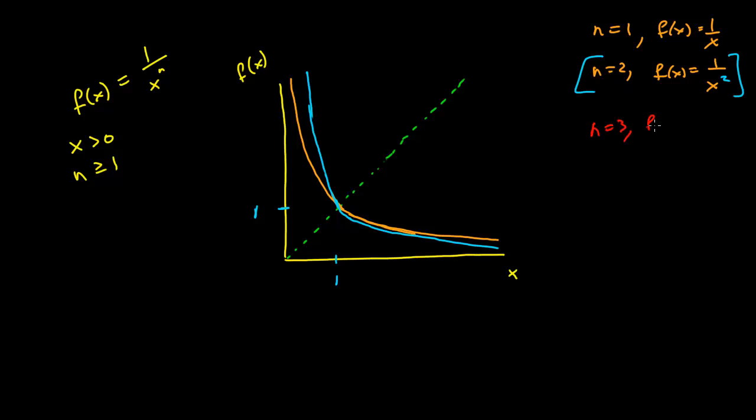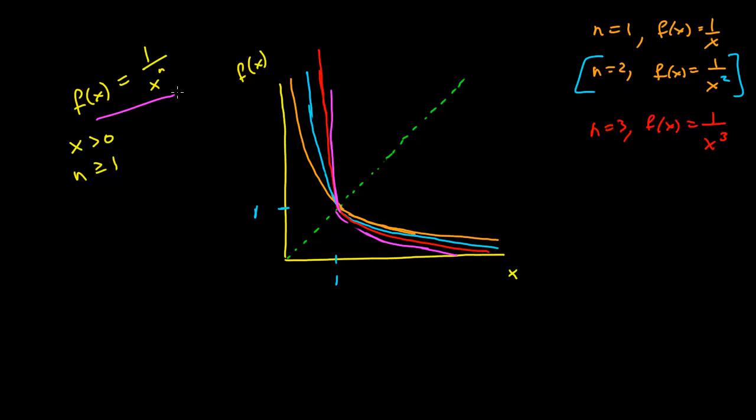And for n equal to 3, f of x equals 1 over x cubed, the same thing. It goes to 0 faster as x goes to infinity, and it goes to infinity faster than the others as x goes to 0. And that continues. So the higher the value of n, the faster the function goes to 0 as x goes to infinity, and the faster the function goes to infinity as x goes to 0. So that's a characteristic of this entire class of functions.